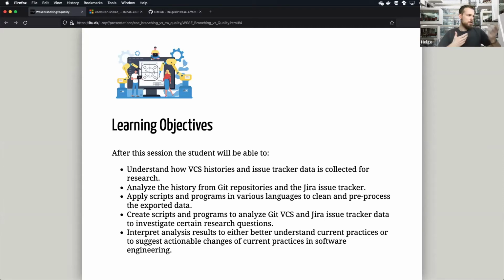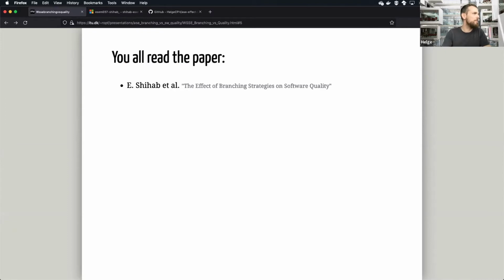In essence, I would like you to get out of it how to run some scripts to gather data, how to run some scripts to interpret the data, how to think about the data, and then how to discuss it and tell your colleagues, I think this and that is true for us. This is what I would like you to get out of the course.